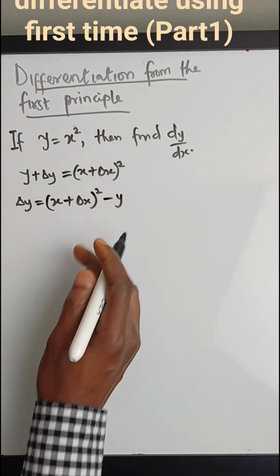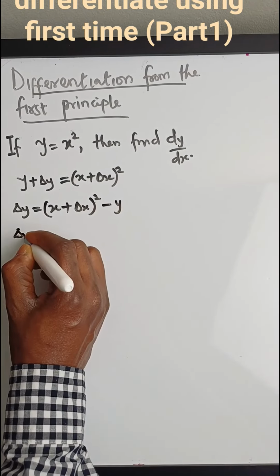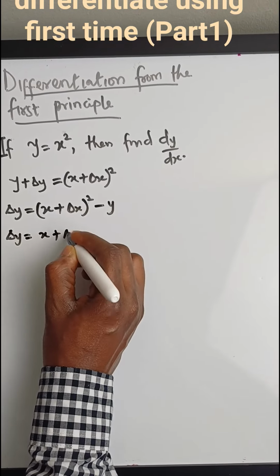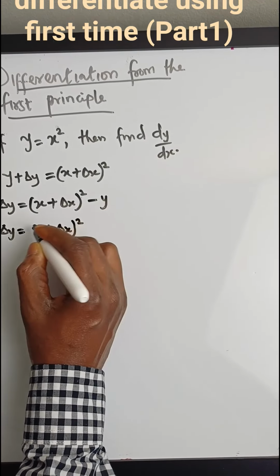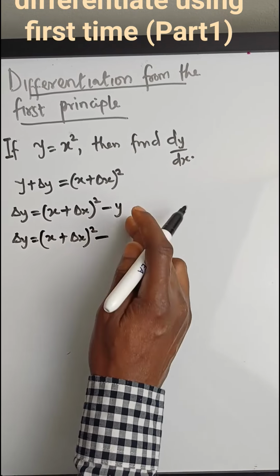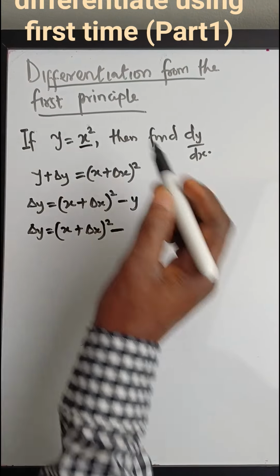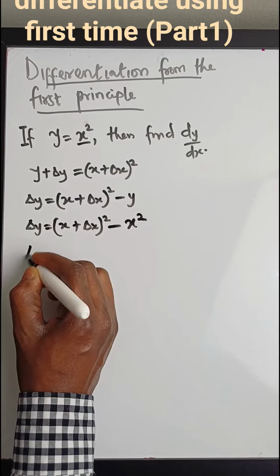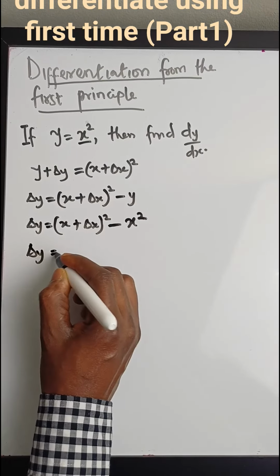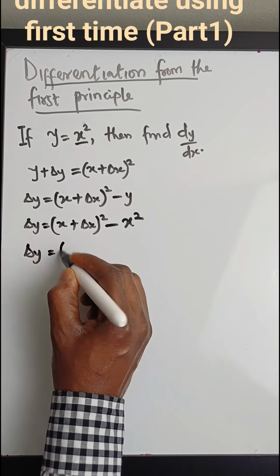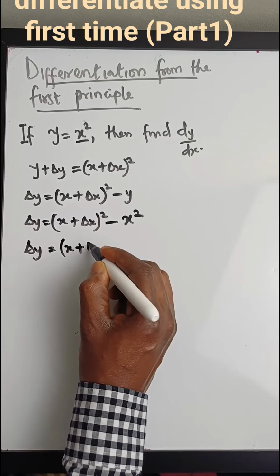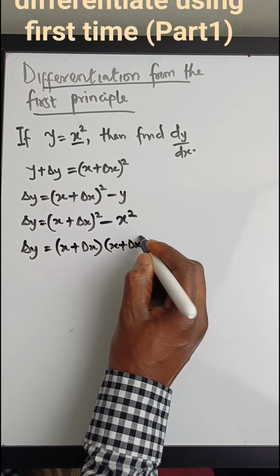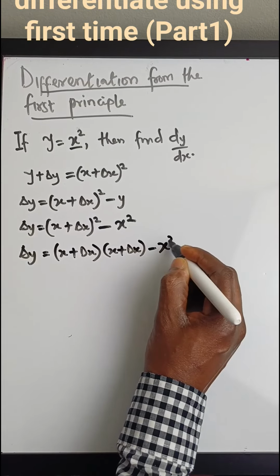When you move it to the other side, Δy will now be equal to (x plus Δx) all squared minus y, and the value of y is x squared, so minus x squared. Then the next thing is to open this square, that's (x plus Δx)(x plus Δx) minus x squared.